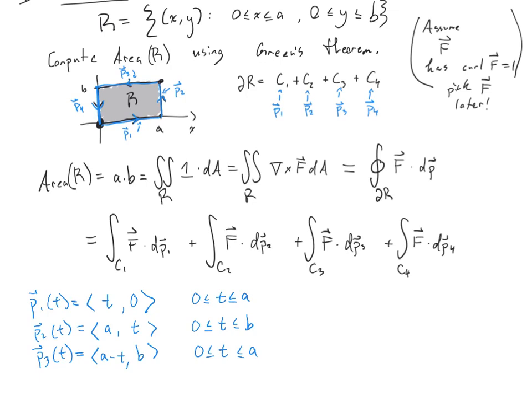It's switching my t's around so that when I'm at time 0, I start at the point a comma b, and I end at the point a minus a, which is 0 comma b. So it orients things correctly. And I'm going to do the same sort of choice for P4.